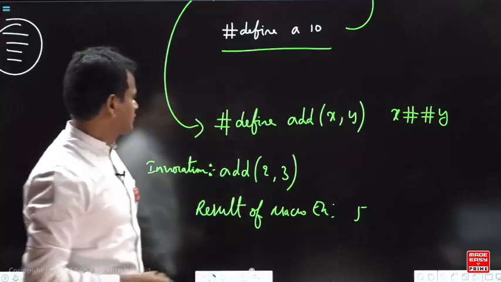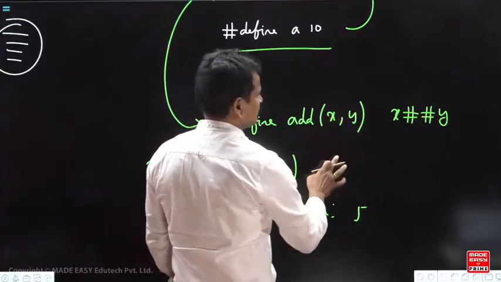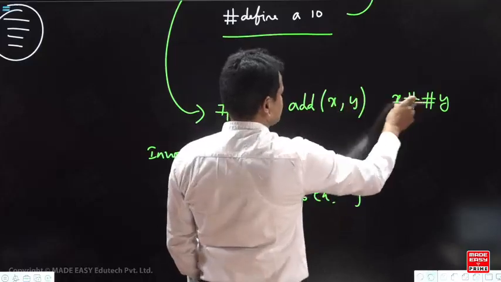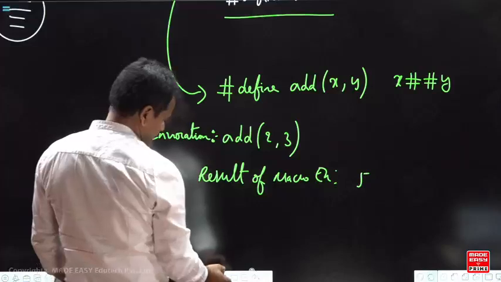I am defining a function-like macro, #define add(x, y). The definition of this one is x ## y. So what is the meaning of this?